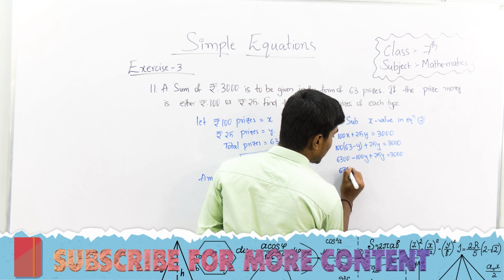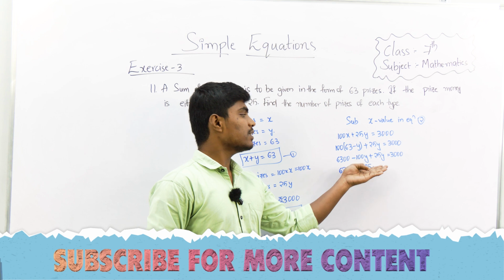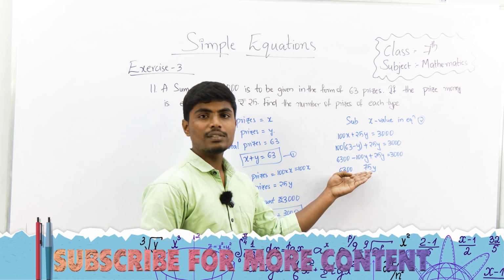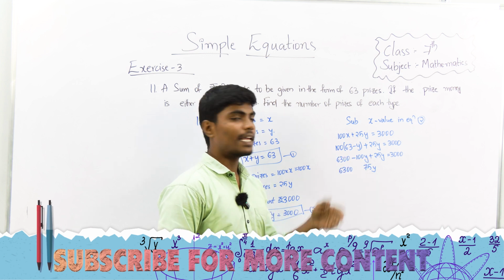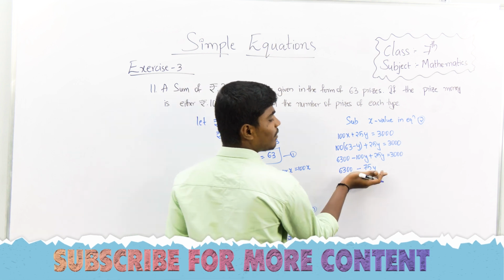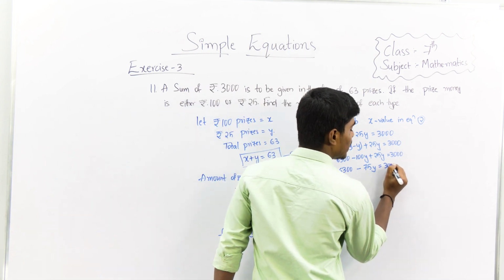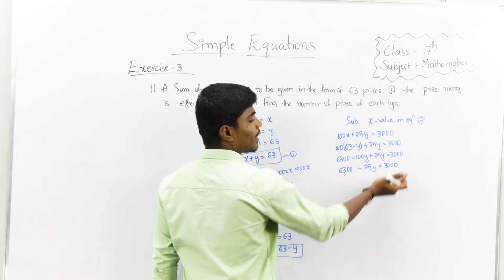So 100 minus 25 is 75y. What sign should we give? Here 100 is the greater one and has a negative sign, so here also negative. So 6300 minus 75y is equal to 3000. Here we move 6300 to the right-hand side.